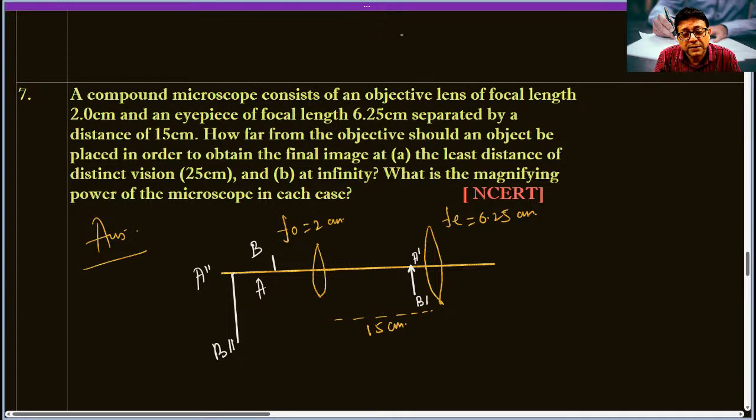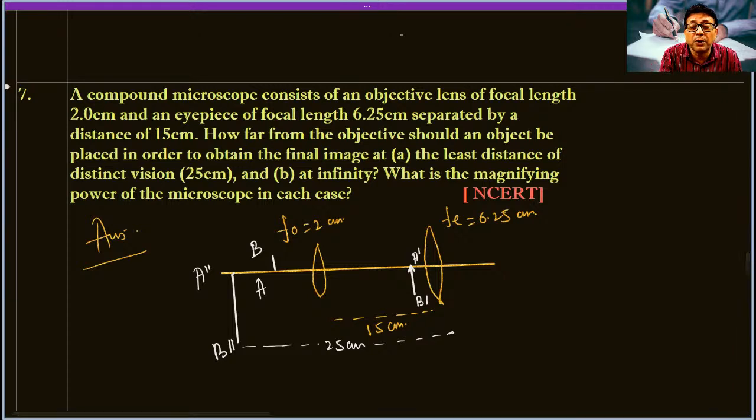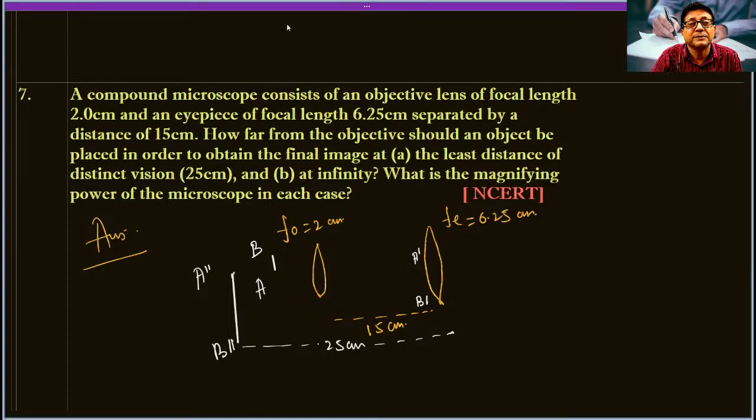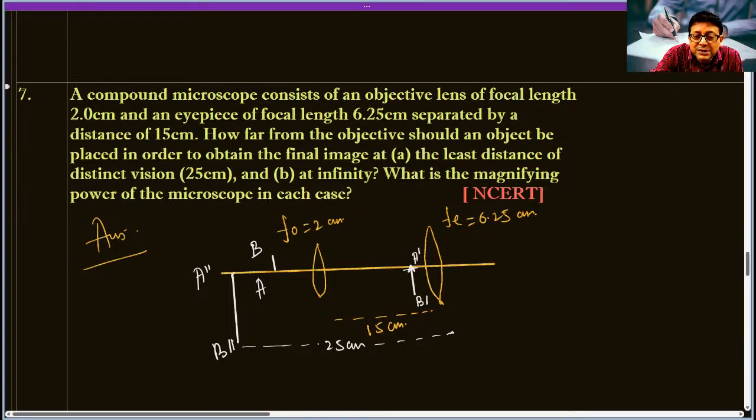Now go step by step. The final image is formed here, at the least distance of distinct vision. You start from there. This final image is formed by this lens only, which makes the image of this object. This is actually not an object; this is also an image formed by this convex lens, but this one's action is different.